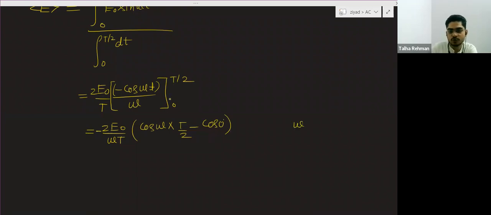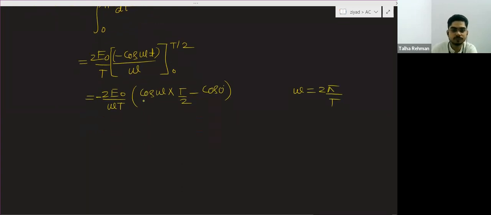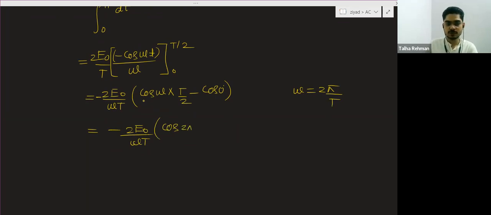And I have told you omega is equal to 2 pi by T. So this will become minus 2 E naught by omega T, and this is cos of omega, which is 2 pi by T, and here is your T by 2. This is your cos 0 degree.